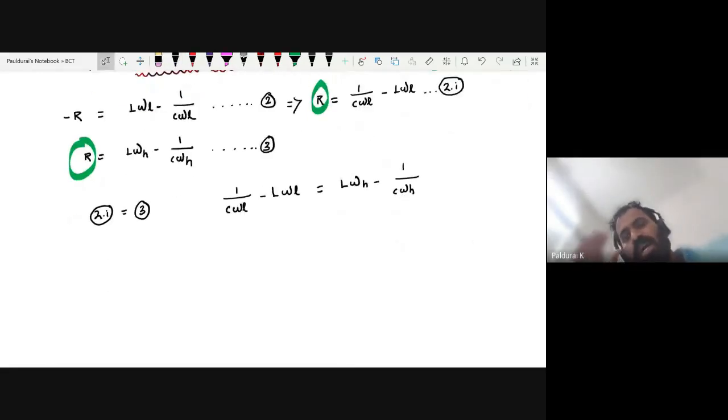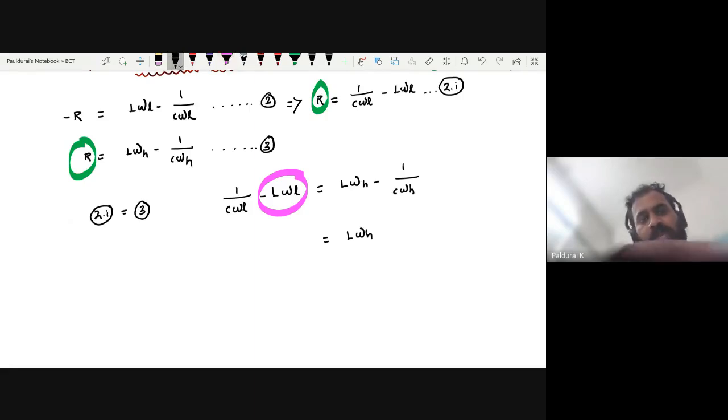Now bring all L to one side and all C to the other side. This is my L omega H. Bring this minus L omega L to the right hand side. It becomes plus L omega L.